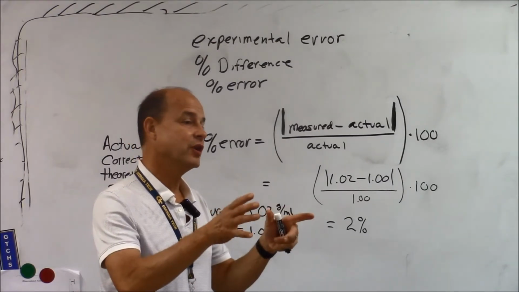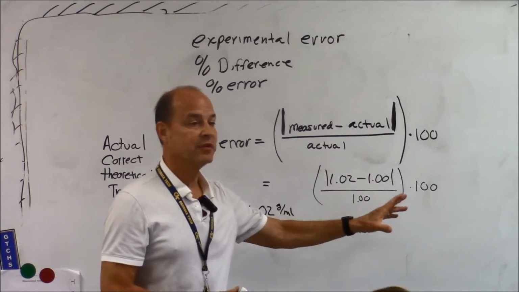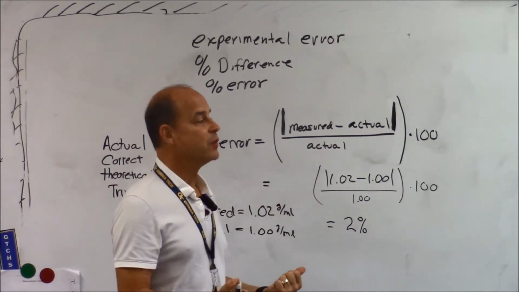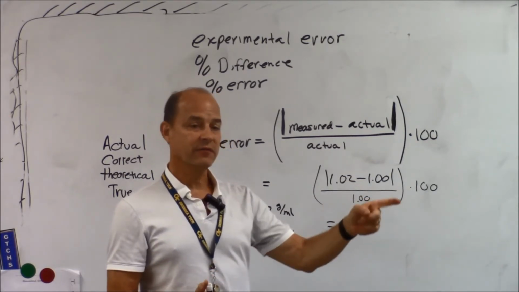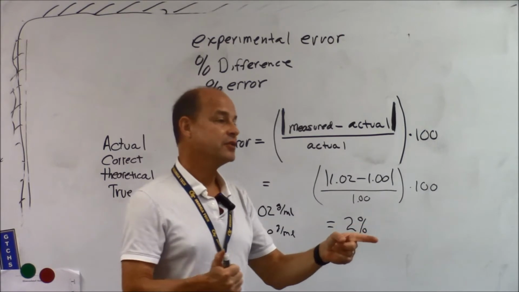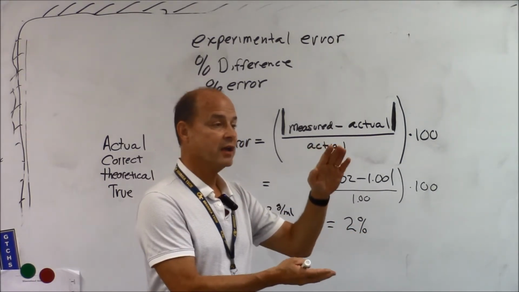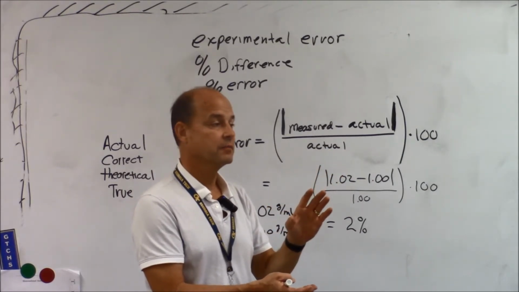I'm not saying what you did was wrong, but you need to explain why what you did in the lab is so different than what we thought we were going to get. For example, let's just say we were doing a unit on rockets, and we were going to launch rockets out in the field over there. And the manufacturer of the rocket engine said, with this rocket engine and this rocket, your rocket should go 150 feet in the air.